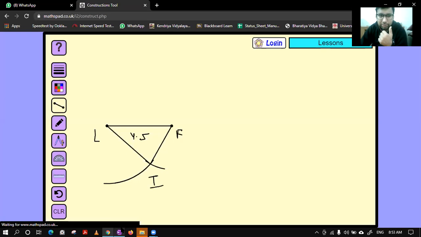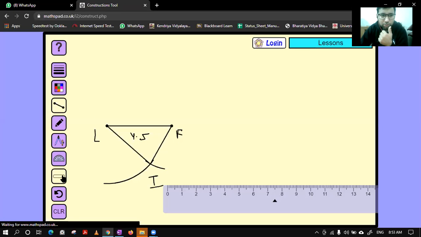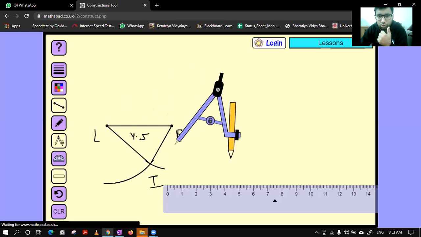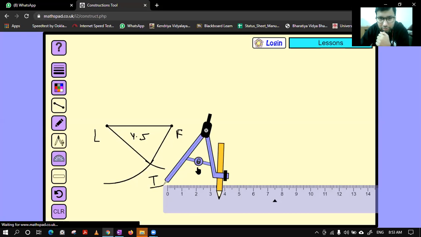Let's see that. In the upper triangle, what do we know, class? We know LT is how much? LT is 2.5. We can go for LT, class. So let's make 2.5 for LT. So this is the compass. Let's take an arc of 2.5 from L on the upper side.